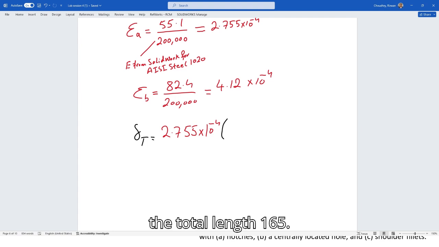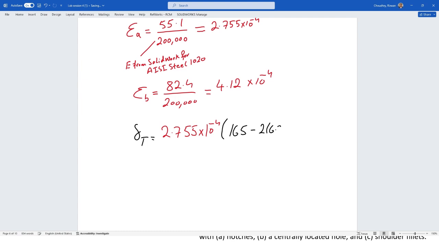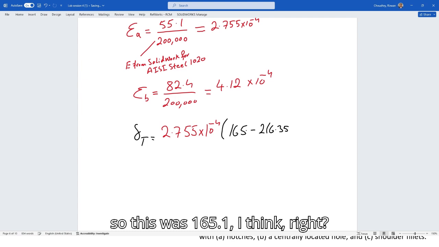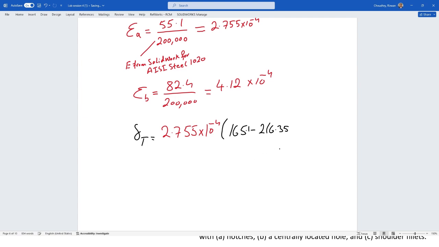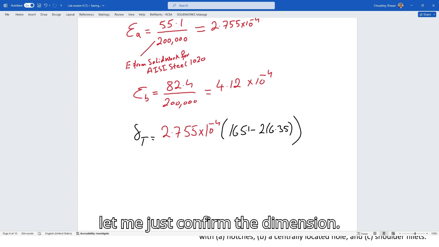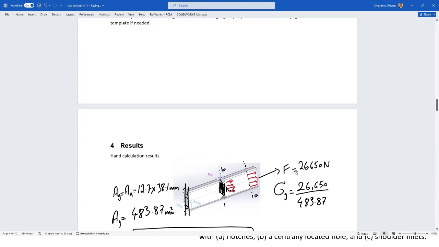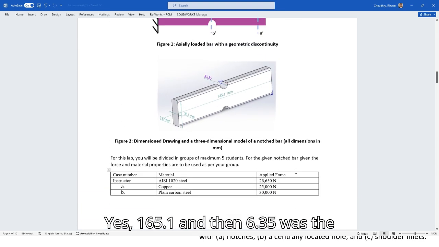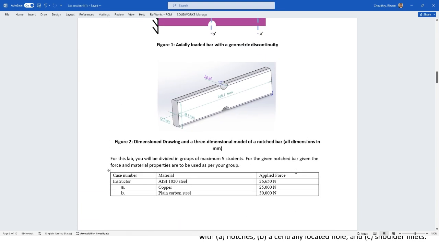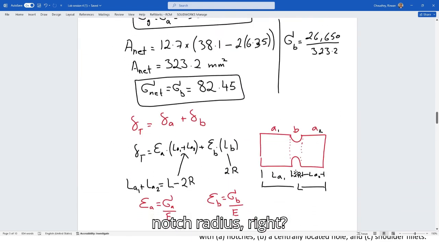It was the total length 165.1 minus the diameter, 2 into 6.35. Let me just confirm the dimension. Yes, 165.1, and 6.35 was the notch radius.